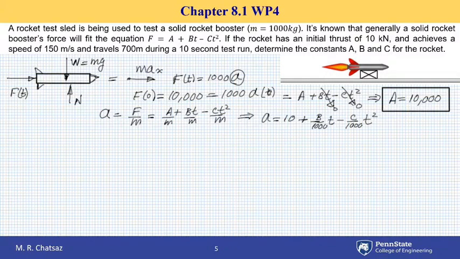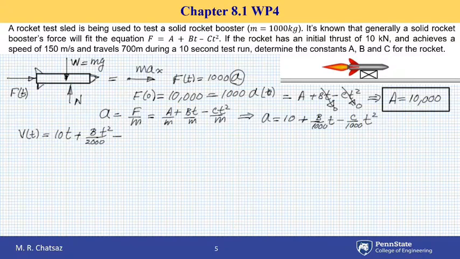So I have at this point acceleration as a function of time. Well, if you recall the general equations of kinematics, velocity can be found if I integrate this equation. So let's do so. Then v of t is the integral of this equation, which gives me 10t plus Bt squared over 2, but I have 1000 in the denominator, so that becomes 2000.